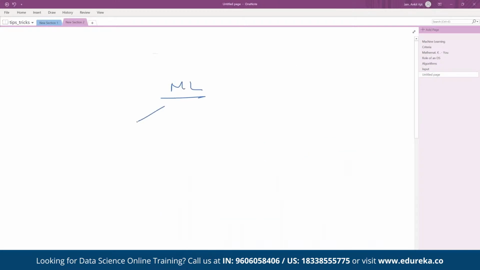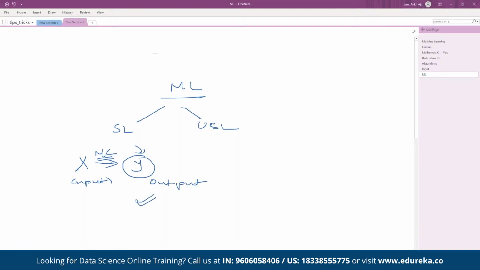Here, SL is supervised learning and USL is unsupervised learning. In this case, you feed in the X, and if your Y is known, you know exactly what you want to train the model on. What is my target variable or my output? If that is known to you, then it is known as a supervised machine learning model.